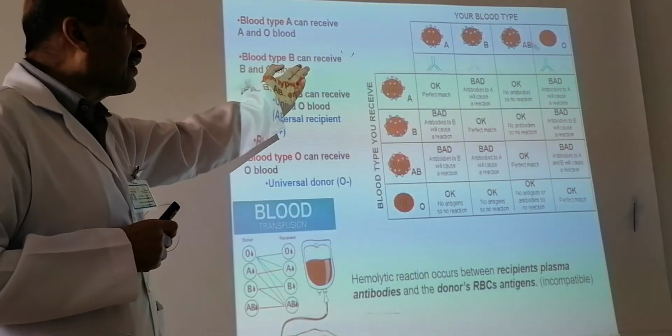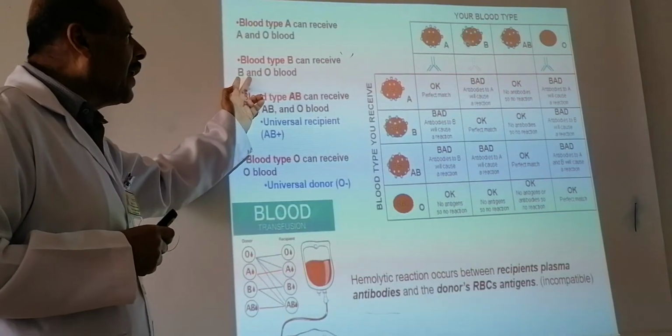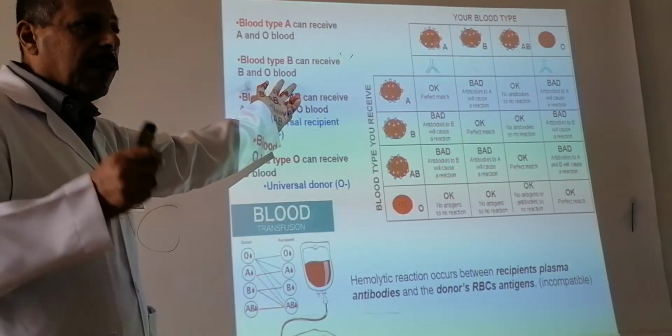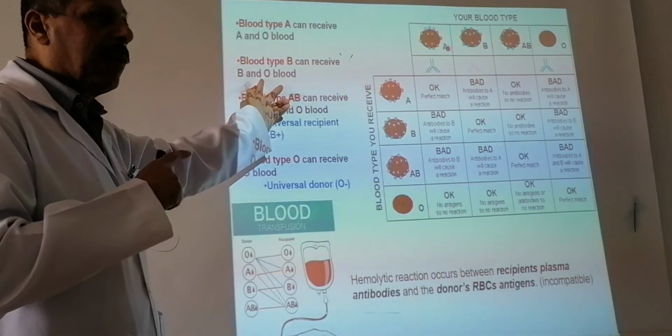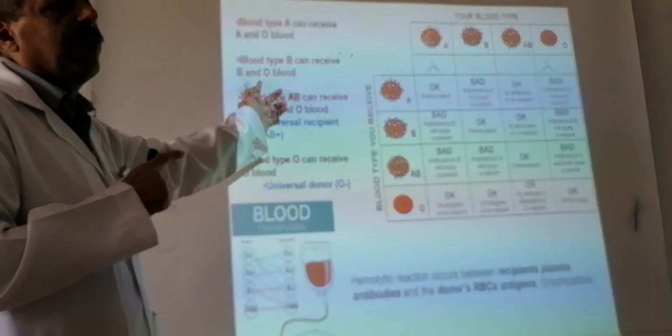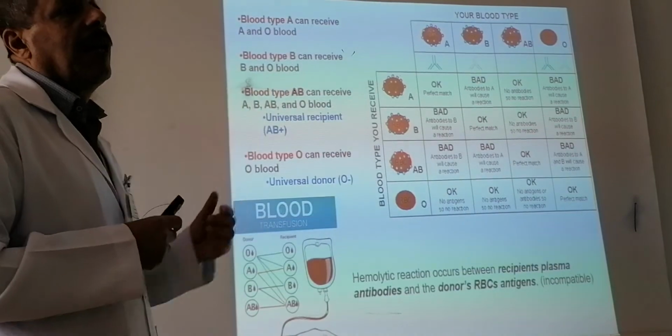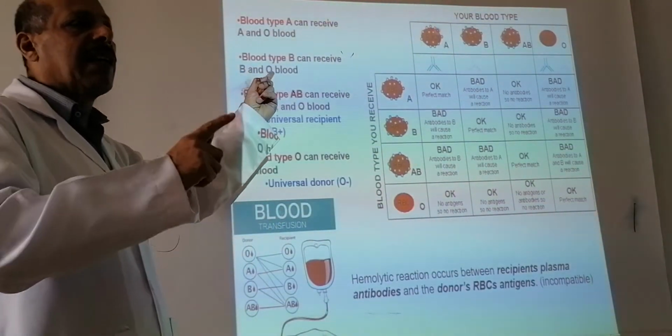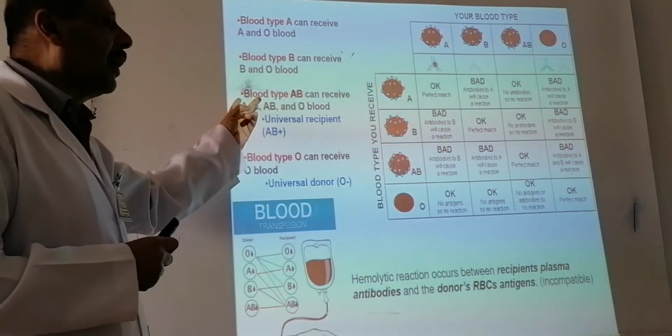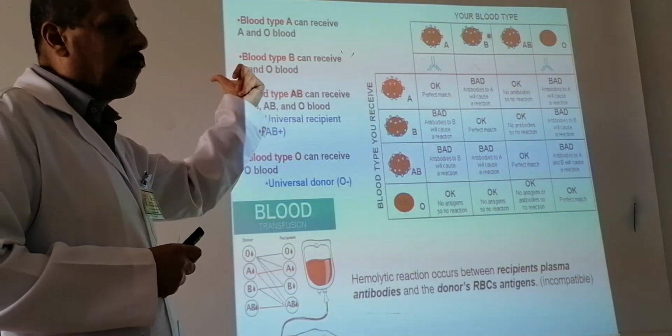Blood B can receive from B and O. If it is negative, it can receive from negative. If it is positive, it can receive from negative and positive.